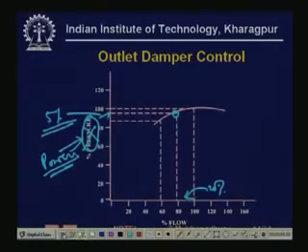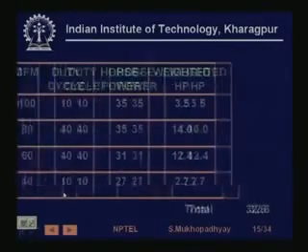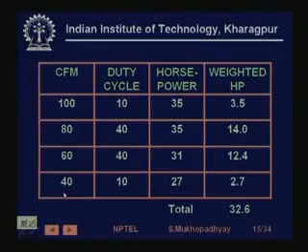Now, what happens if you do a variable speed drive? Now this is that particular case. If you want to see this figure, what does it say?